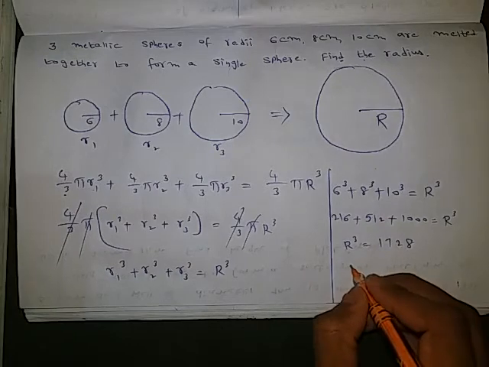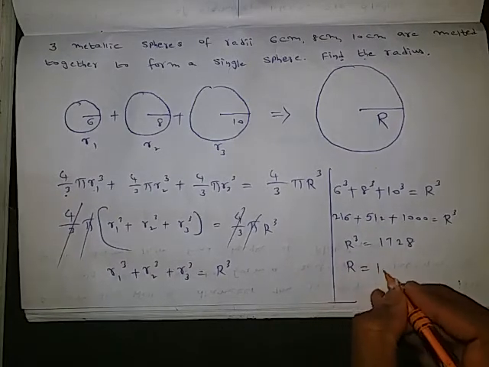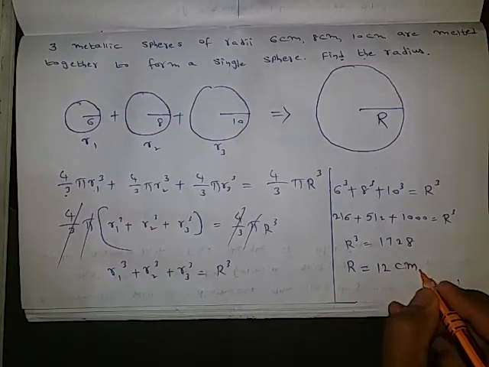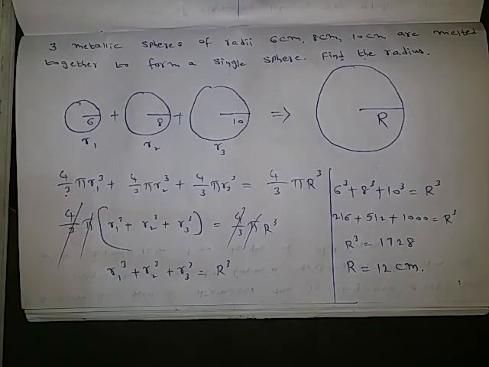So R³ is 1728, then the R value is 12. All the measurements are in centimeters, so this is also centimeters. So the radius of the resulting bigger sphere is 12 centimeters.